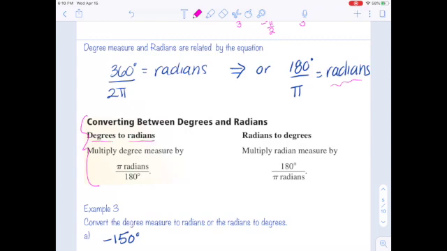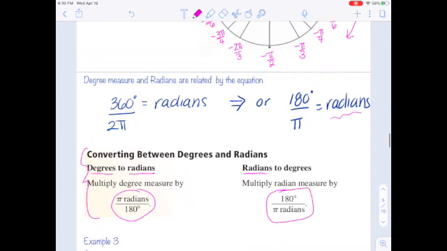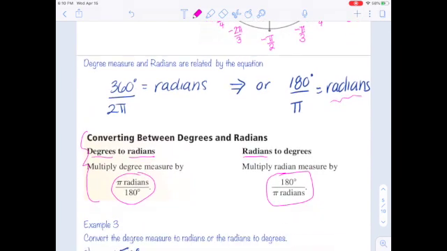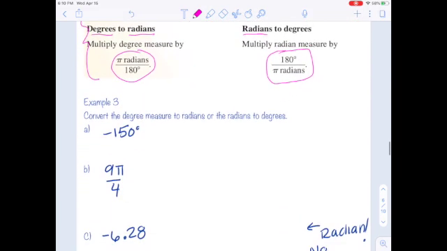If you want to convert from degrees to radians, you're going to be multiplying the degree by pi over 180 degrees. Now, if you're switching back from radians back to degrees, you're going to be multiplying the radian by 180 degrees divided by pi. So let's practice that a little bit so you see what I'm talking about.